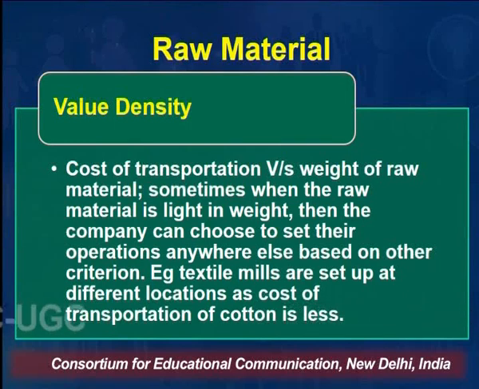Sometimes when the raw material is light in weight, the company can choose to set up their operations anywhere else based on other criteria. For example, textile mills are set up at different locations as the cost of transport of cotton is less. If it is a very heavy item, it is different, because transportation cost depends on the weight of the material.